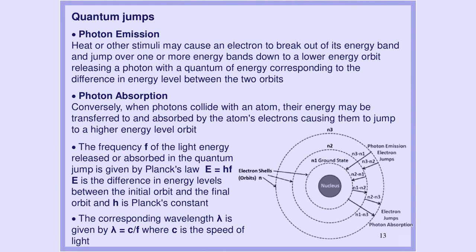It is not the continuous way of the electron from orbit to orbit. It is just the jump of the electron, and when we talk about emission, from the higher energy level to the lower one.